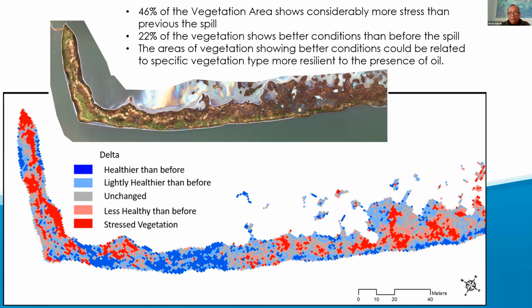This is a method that can be repeated over any other area, and you can generate a map and see which areas got more stress and which are healthier on this island.